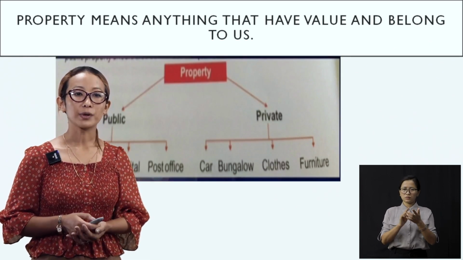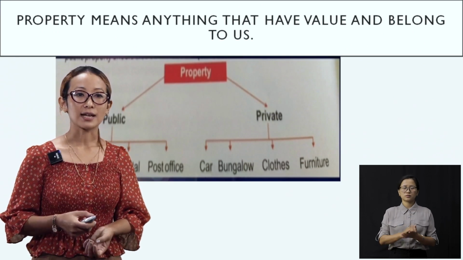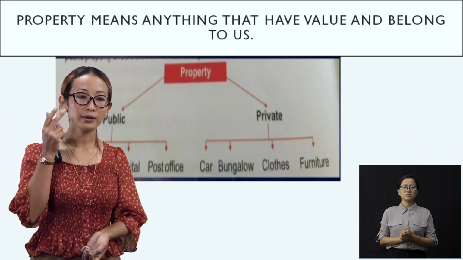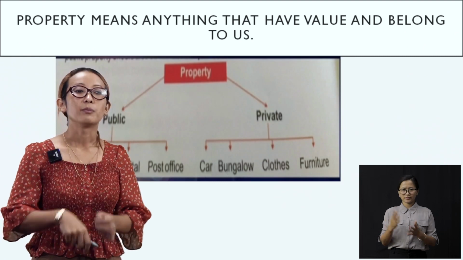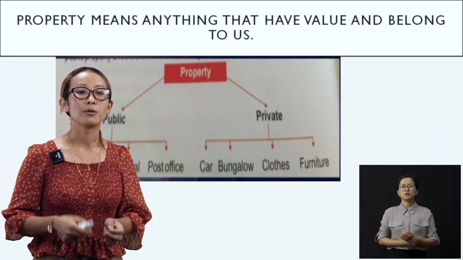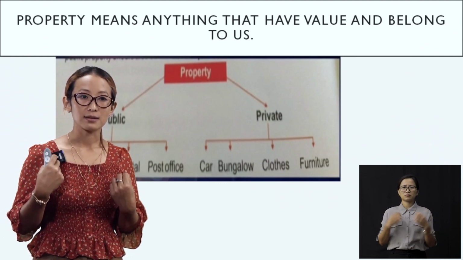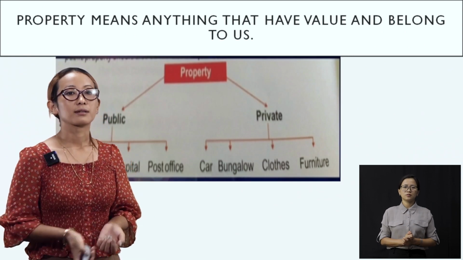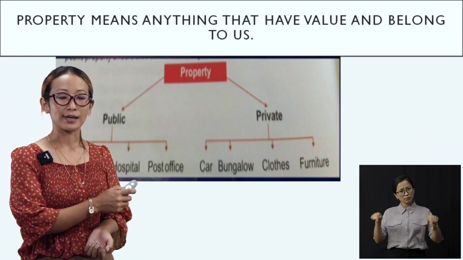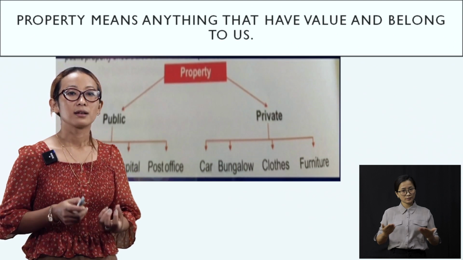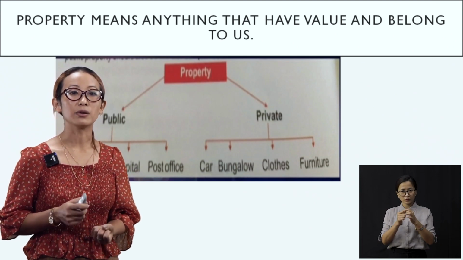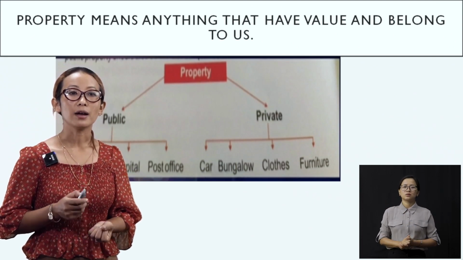Property means anything such as our spectacle, my wristwatch, or my chain, or my dress, or this board also. So all these things that have a value and belong to us are called property.